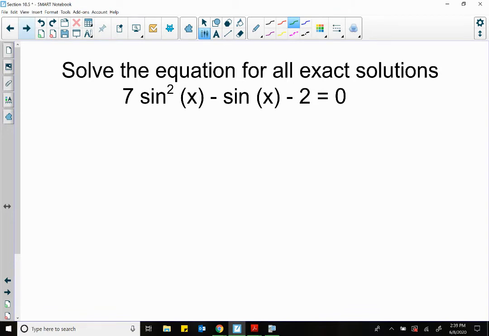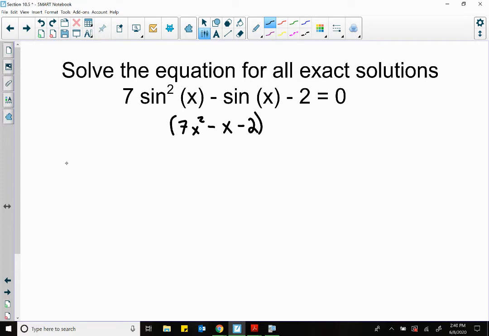So when it's not factorable, I need you to revert to the quadratic formula. This is 7x squared minus x minus 2.